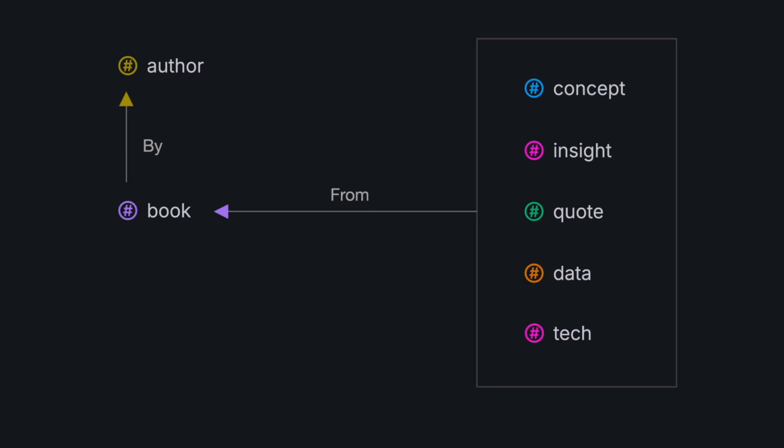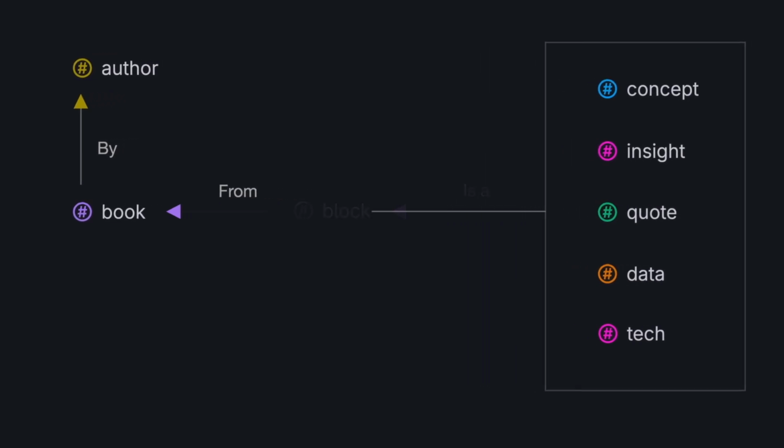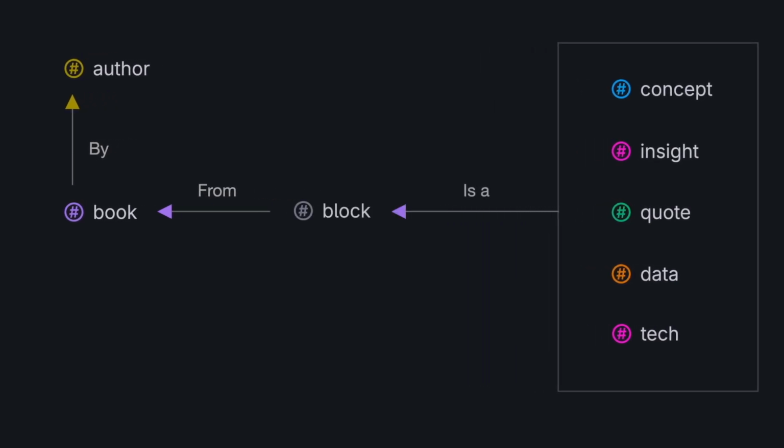You see, we have all of these entities. They're essentially containers for all of the things that we can get from the book. And it's good for us to have some more abstract entity that we can call block. That will be a kind of proto entity for all of these 5, right? The idea is that from the book, we can get blocks, and a concept is a block, an insight is a block, a quote is a block.